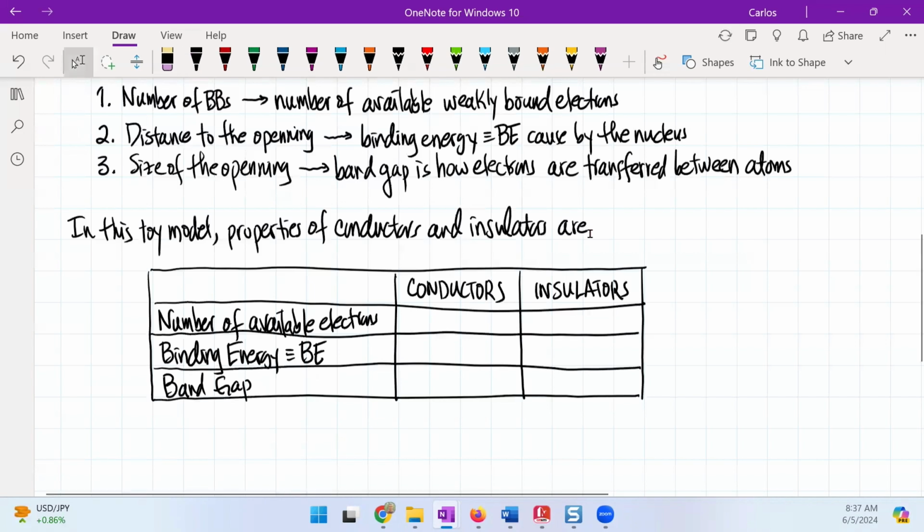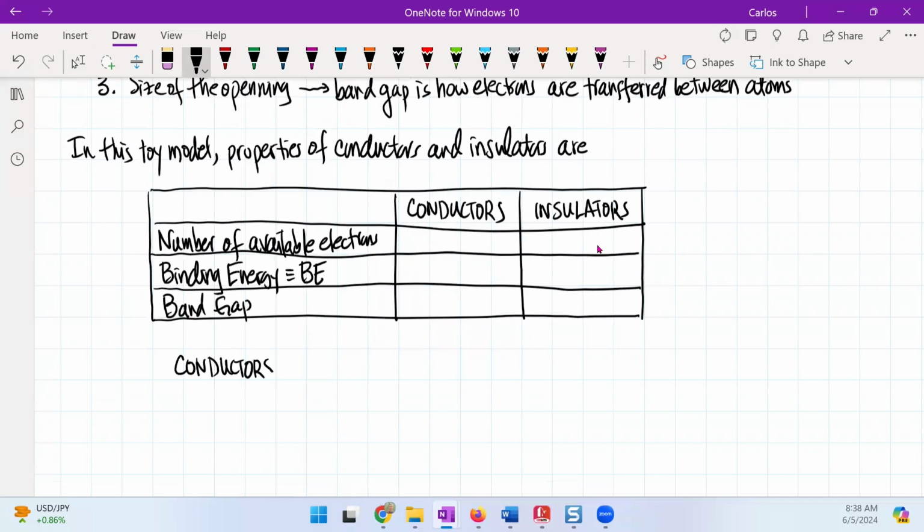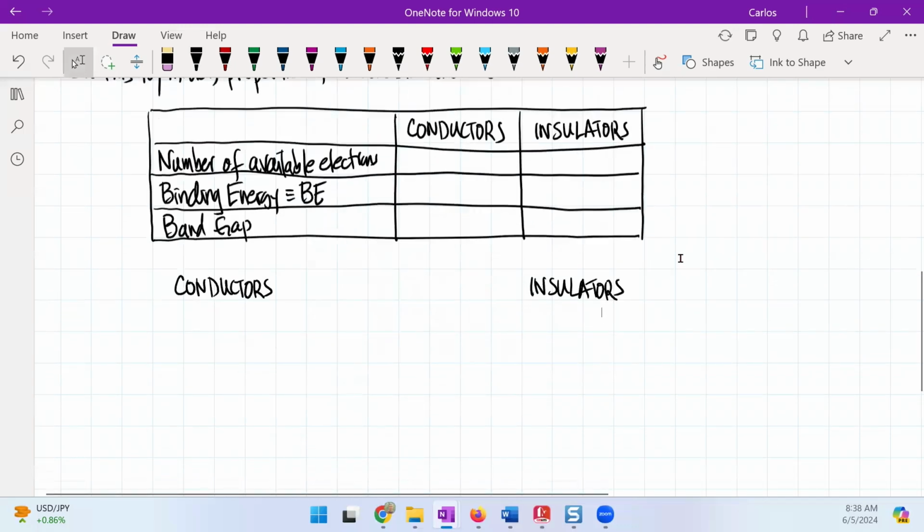So here we go. So now let's start thinking about this. Picture-wise, I imagine that I'm going to try to model conductors here. And I'm going to model insulators over here. So when I start to look at the boxes, I imagine that I'm going to have a box that's going to look something like this.